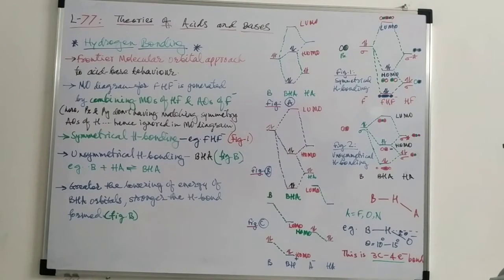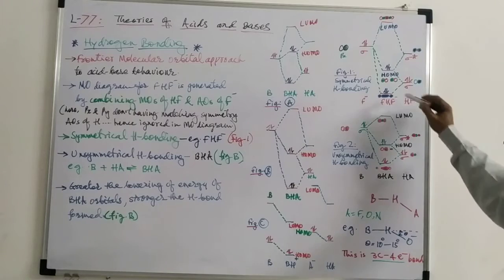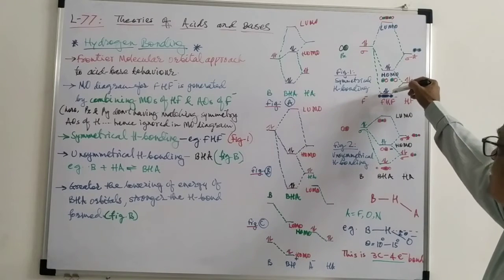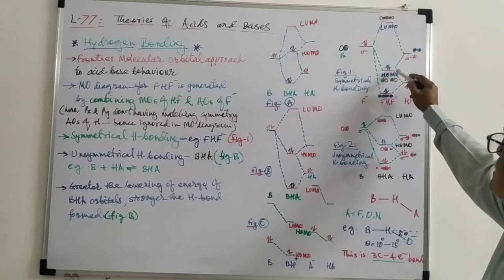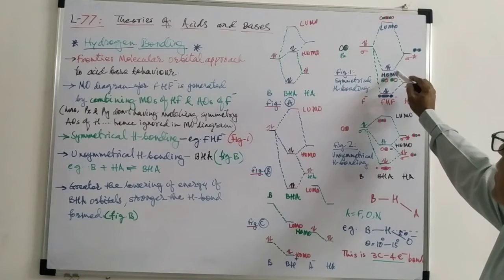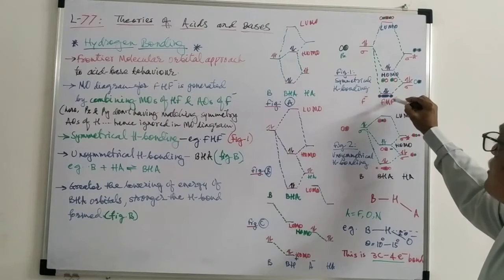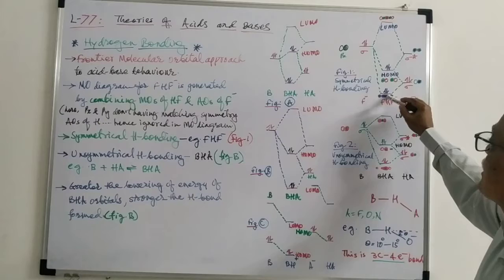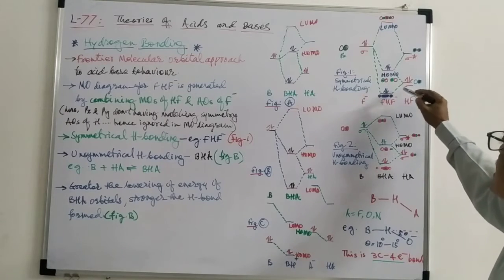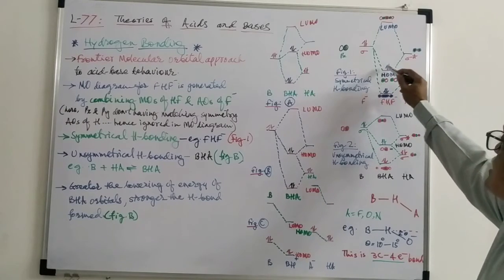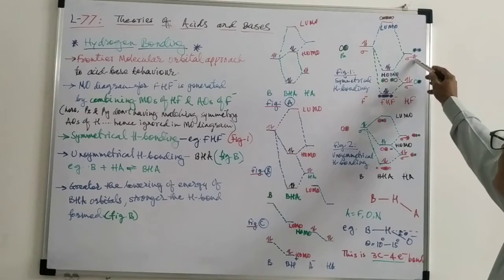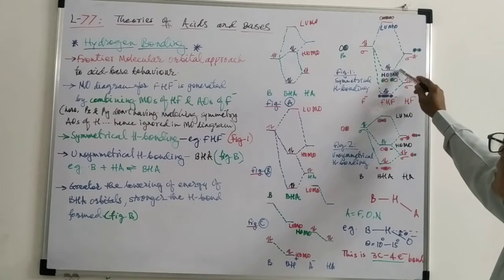Being a symmetric structure, this is considered a bonding molecular orbital and this is also a bonding molecular orbital, but it has some character of the anti-bonding molecular orbital.